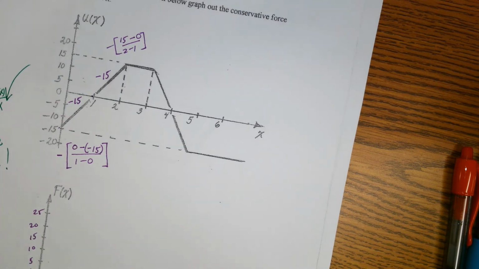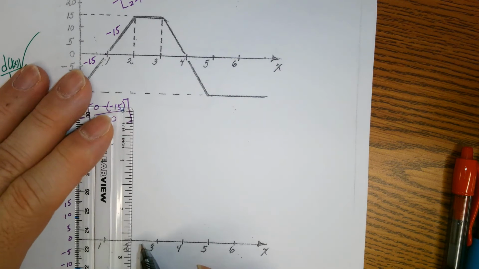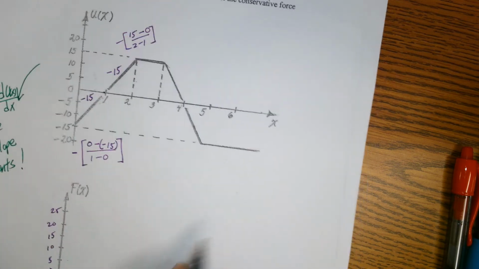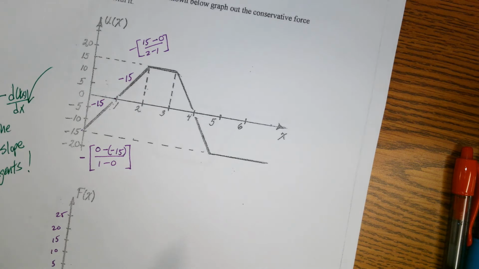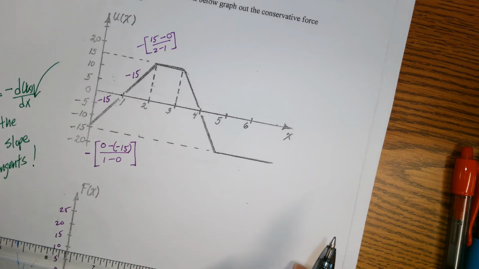So for the first 2 meters, I have negative 15 newtons.